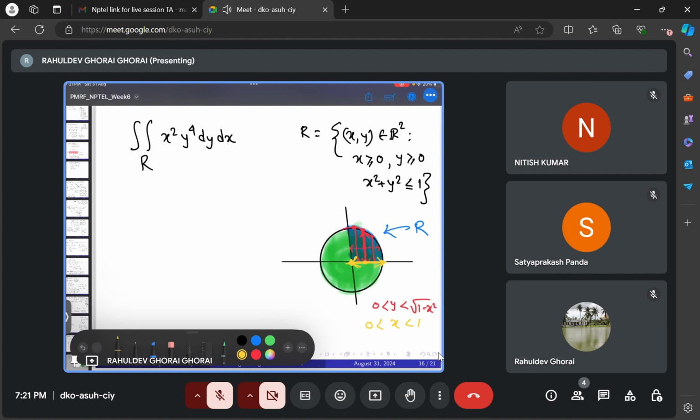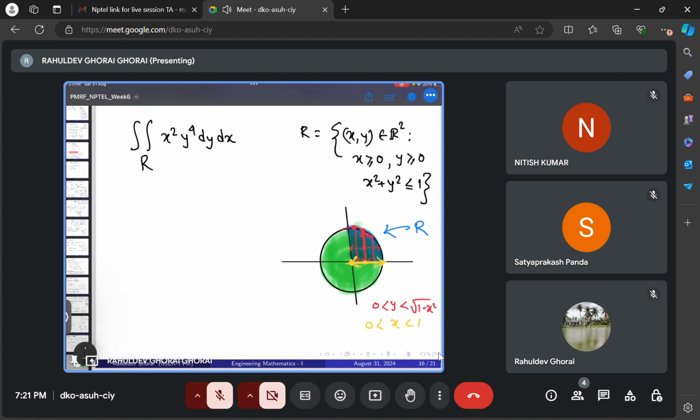But y, you cannot take 0 to 1, because if you take y from 0 to 1, that will give you a square. So y has to be from 0 to the point on the circle, so that it is the circle in the quadrant.